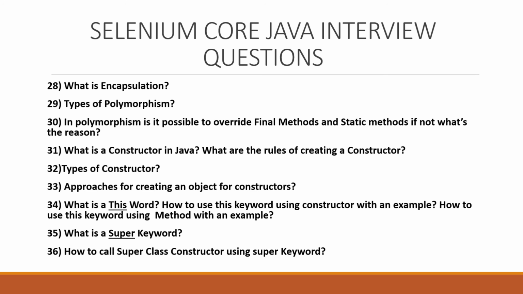Final methods cannot be overridden and static methods also cannot be overridden, because those are constant. Once initialized, we are not able to change them. That's the reason why it is not possible to override final methods and static methods.